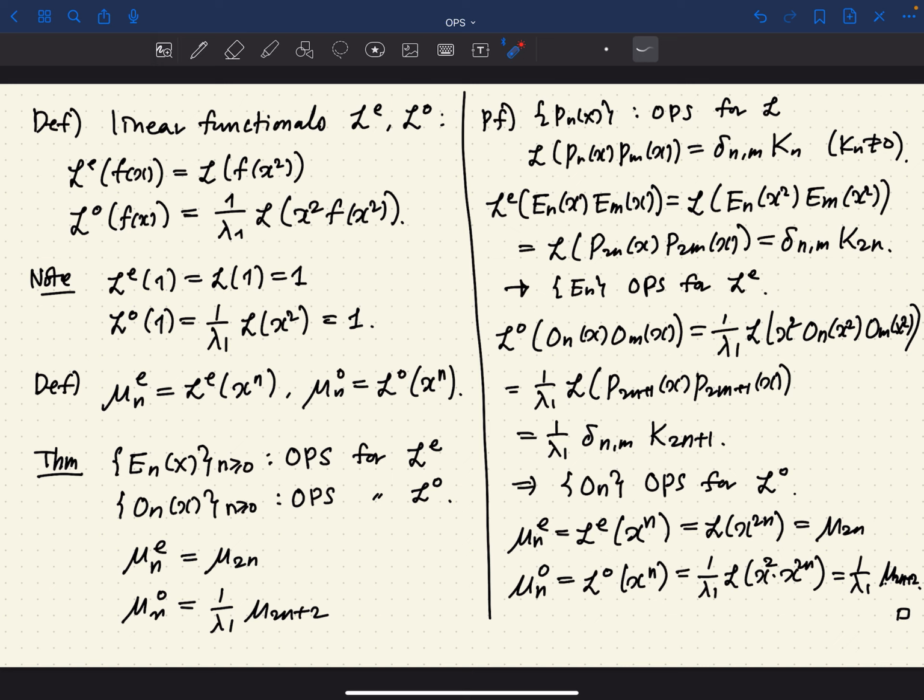Okay, so this theorem tells us that the even and odd polynomials associated to symmetric orthogonal polynomials are orthogonal polynomials, so they must satisfy three-term recurrences. We will find the three-term recurrences now.